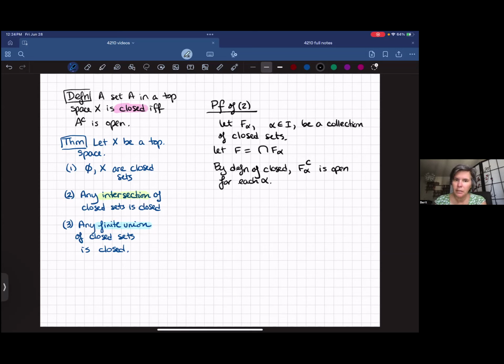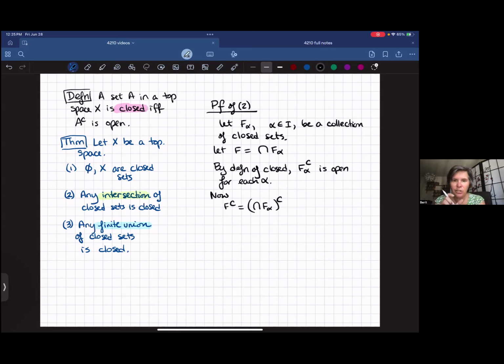Okay. And that's about as far as we can go with that hypothesis. Now, we want to look at capital F. We're trying to prove capital F is closed. So to see if a set is closed or not, we have to, again, go back to the definition of closed. We have to look at the complement of capital F. So F complement is the intersection of the F alphas complement.